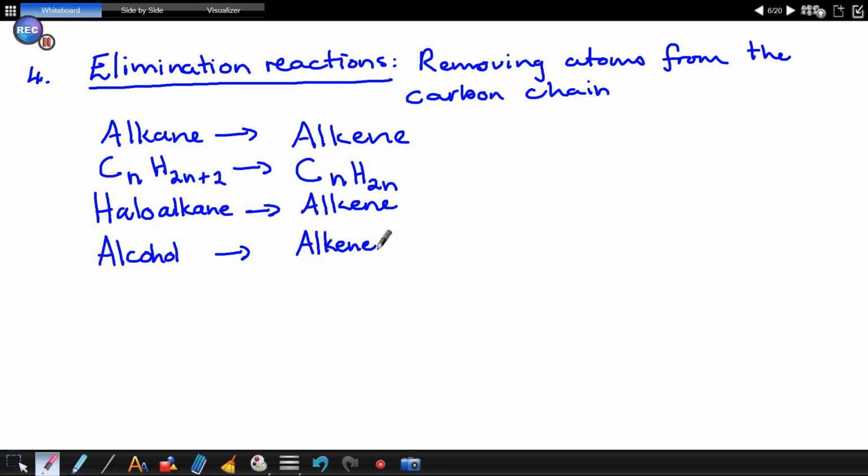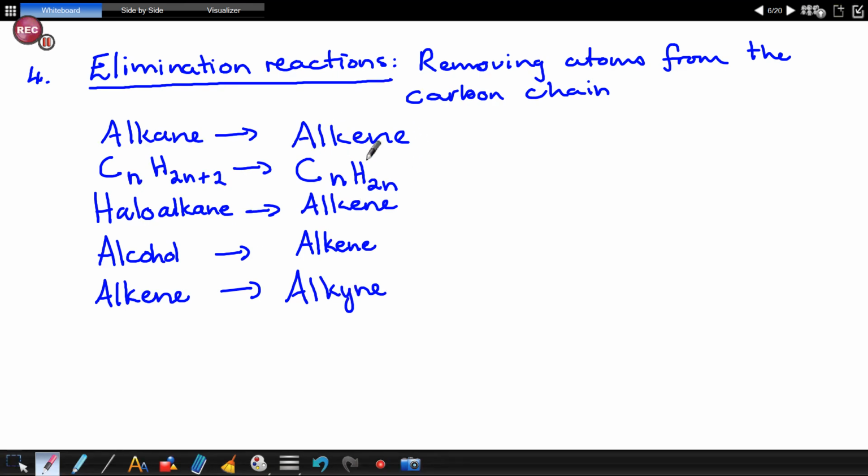Now it's becoming boring because alkane goes to alkene, haloalkane goes to alkene, alcohol goes to alkene. Alkene will go where? Alkyne. Clever. So you take a saturated compound and you make it an unsaturated compound.